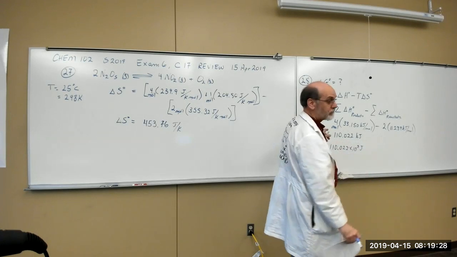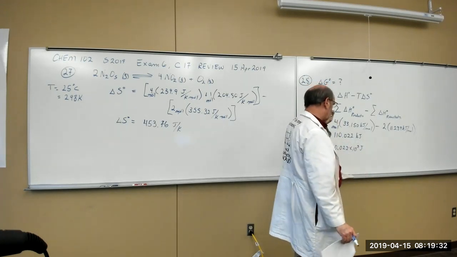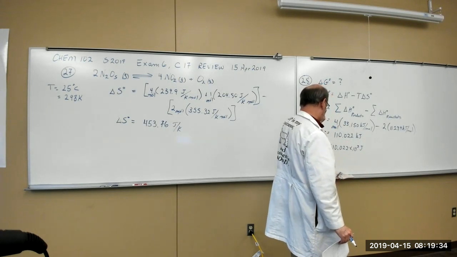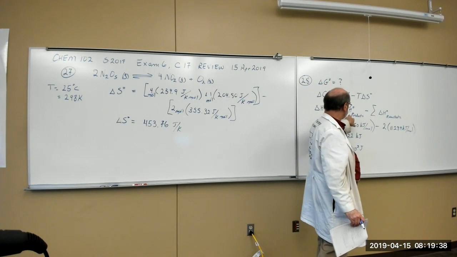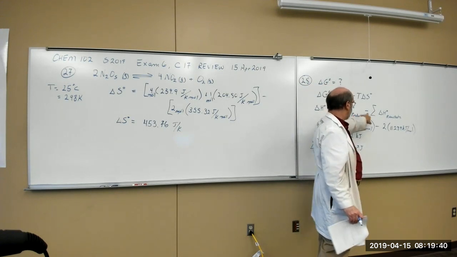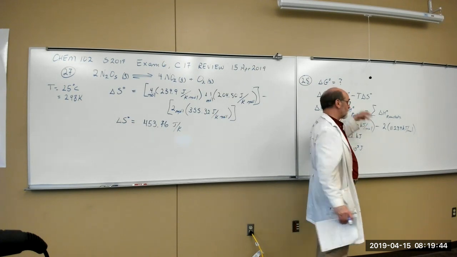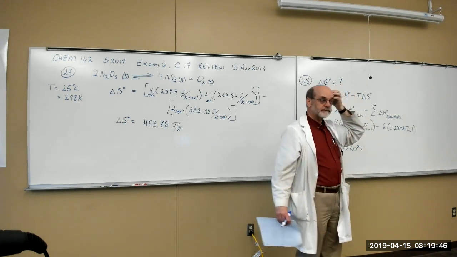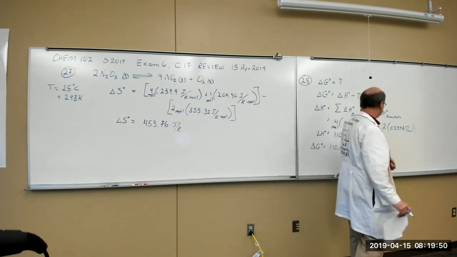Just to refresh my Greek there, that's sigma for sum. That means summation. So the sum of the delta H's for products minus the sum of the delta H's for reactants. In this case, we've only got one of each. That's why I've only got one here and one here.